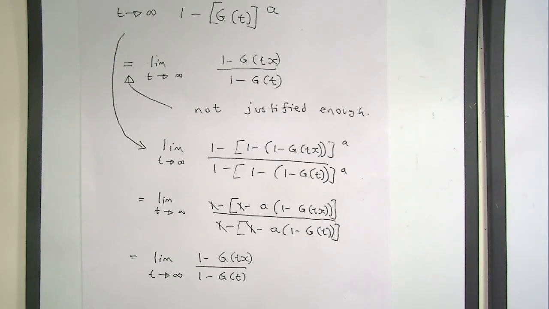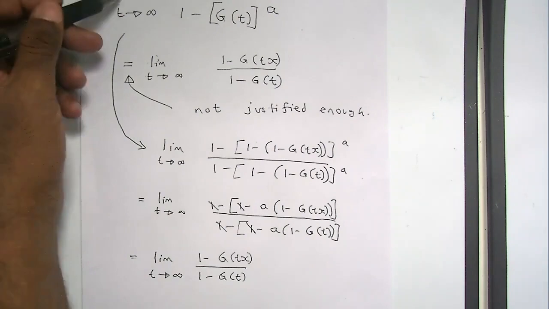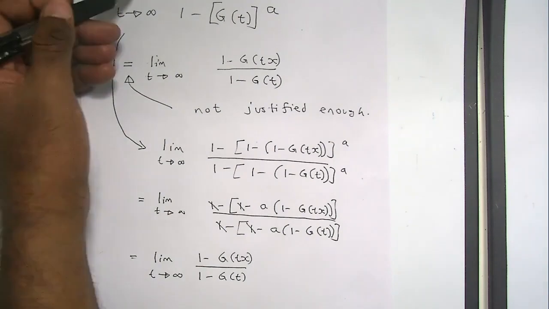Alright, so this is a proper justified argument, right? Because we are using the result. This is a proper justification that this is equal to this.